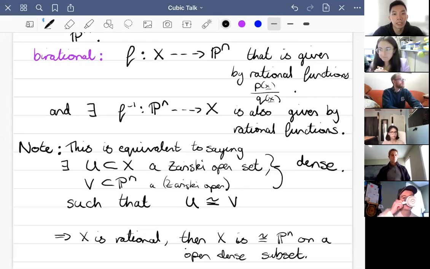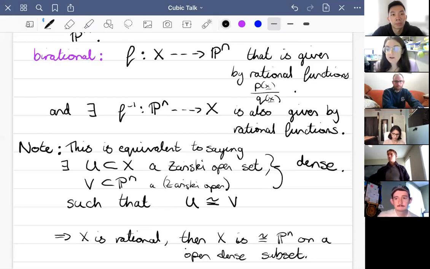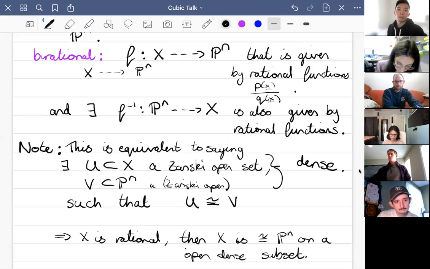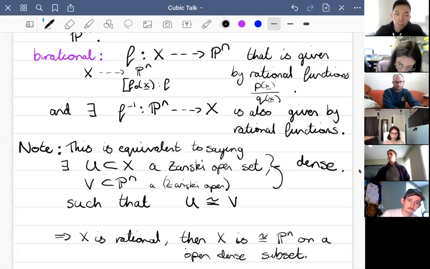Is this what it means by the dashed lines? Yeah, so the dashed line means that this map is not defined everywhere. It's going to be undefined on exactly the complement of these open sets. Remember, to give a map to Pn, all we need to do is give rational maps. Let's say this is F0 of a point on X, F1, up to Fn.